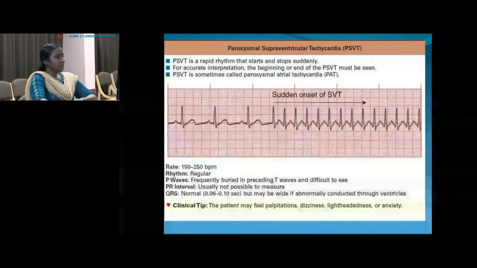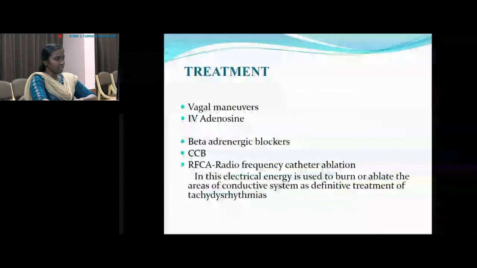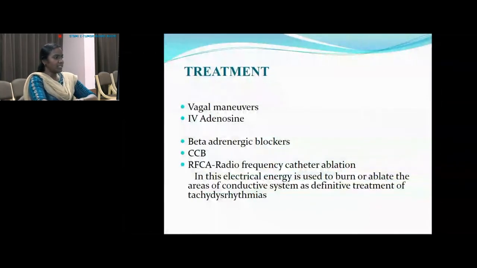Treatment: vagal maneuver should be given, and IV adenosine. This is also one kind of fifth class antiarrhythmic medication. Beta adrenergic blockers and CCB, calcium channel blockers can be given, and RFCA, that is radio frequency catheter ablation. Mainly this radio frequency catheter ablation is indicated in cases of extra firing or tachycardia.